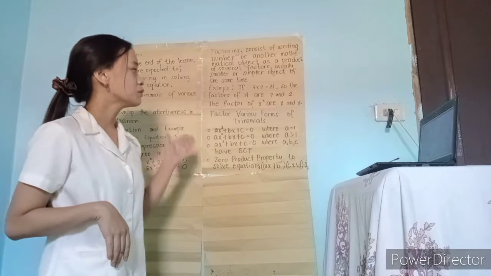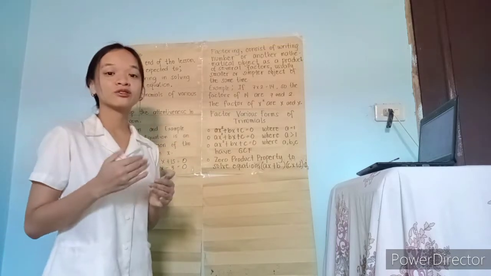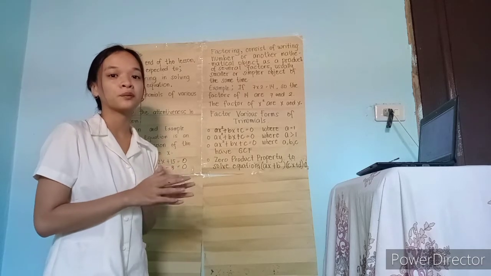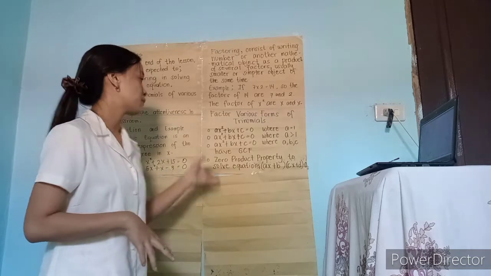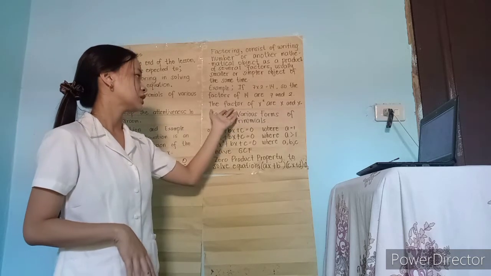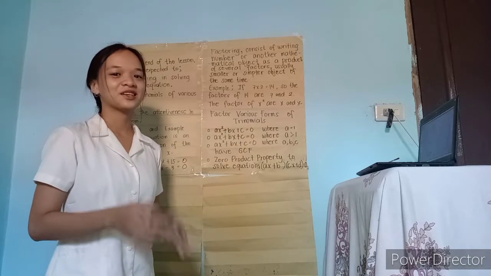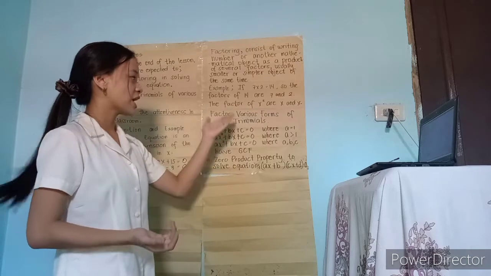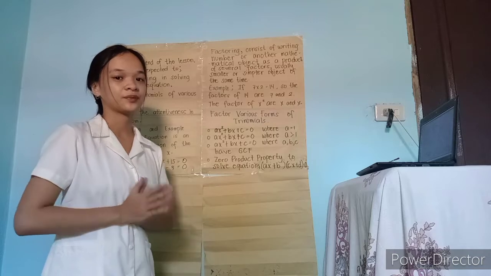If 7 multiplied by 2 is equal to 14, the factors of 14 are 7 and 2, except for 1 and 14. Another example is the factor of the variable x squared, which is x and x, because x multiplied by x is x squared and not 2x.